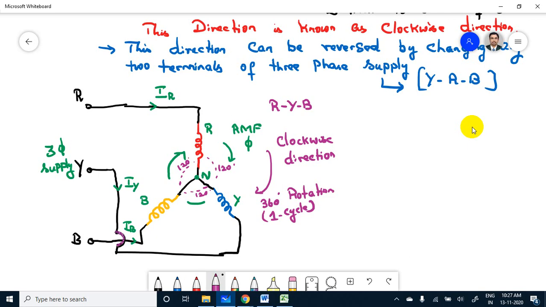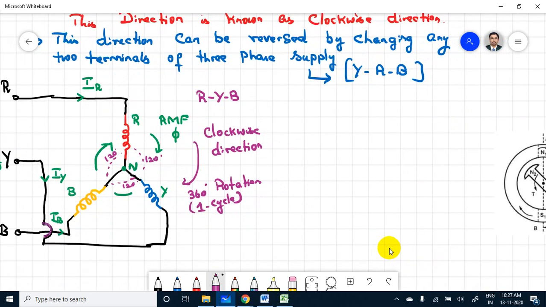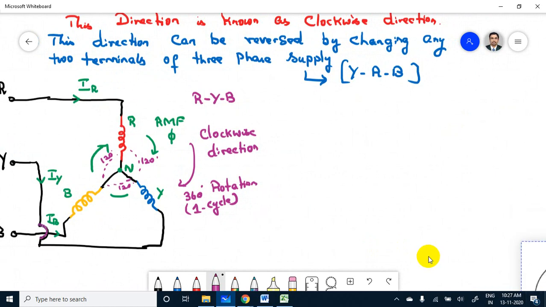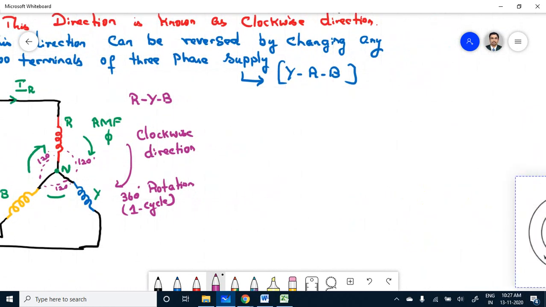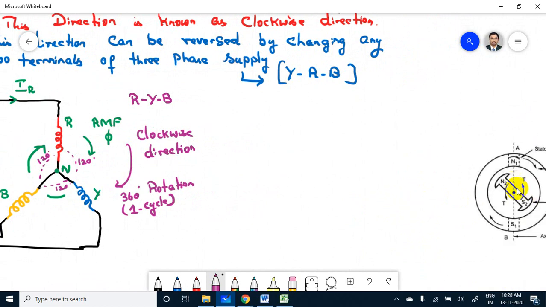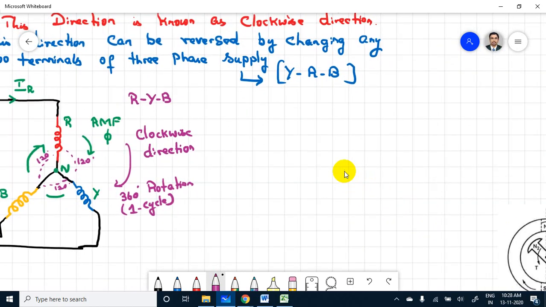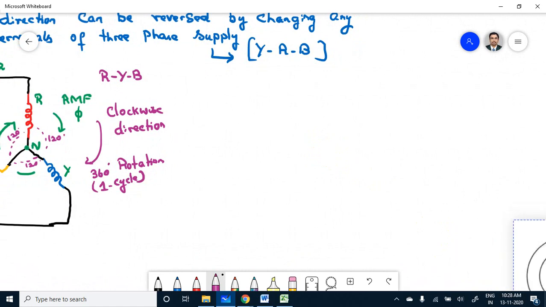Okay, now in terms of anti-clockwise direction, how to draw for anti-clockwise?